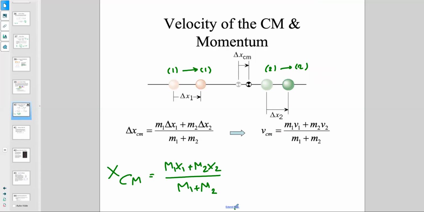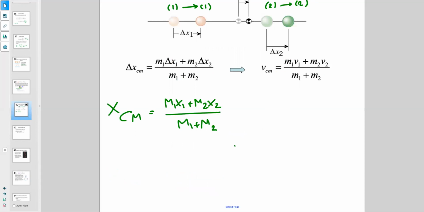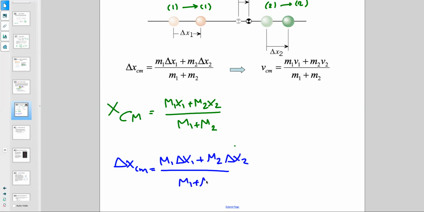So in other words, instead of having x of the center of mass here, I'll have delta x of the center of mass equal to M1 delta x1 plus M2 delta x2, over M1 plus M2.